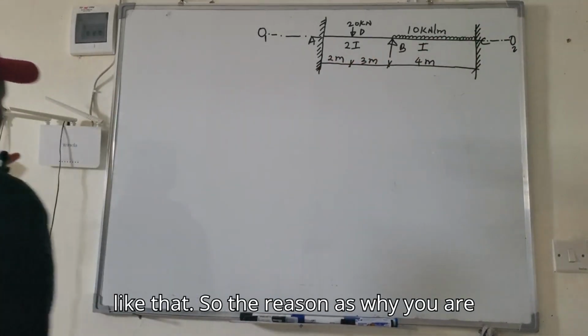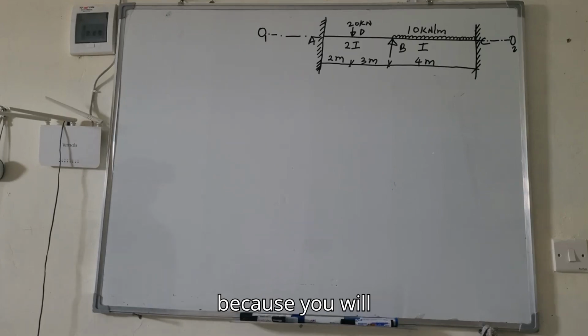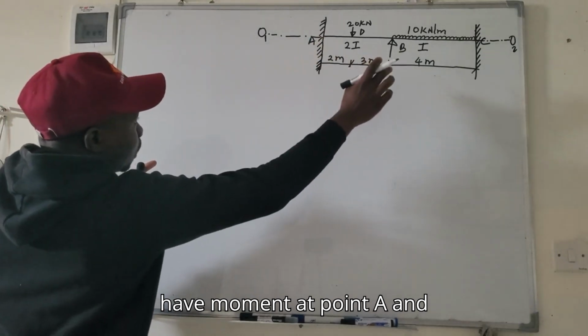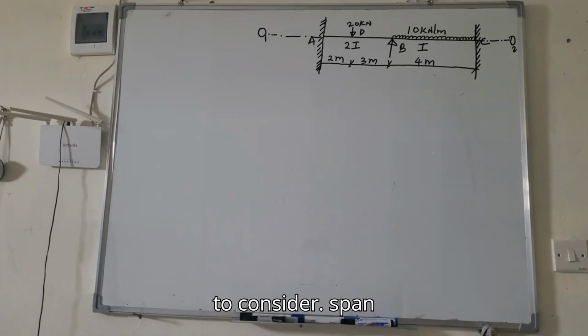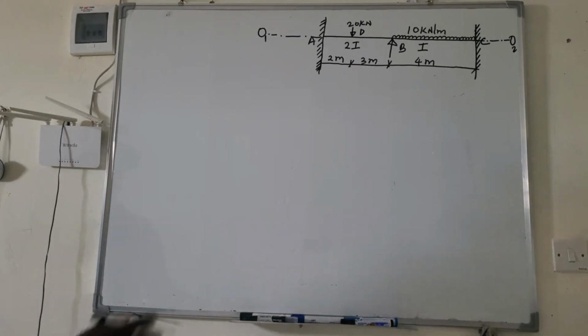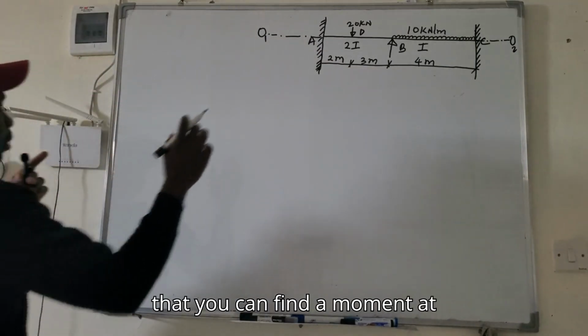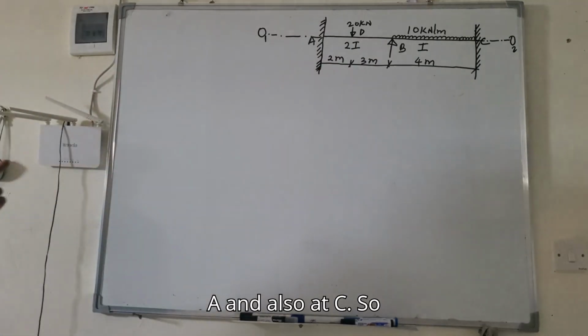The reason for assuming an imaginary span is that we will have moment at point A and at point C. So we have to consider spans OA and AB so that you can find the moment at A and also at C.